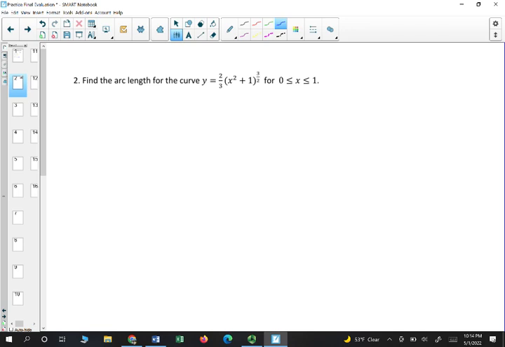Okay, finding the arc length of a curve. So to get the arc length, we need to remember that we need to have a derivative, call it f prime of x, call it dy dx. That's important for our formula.